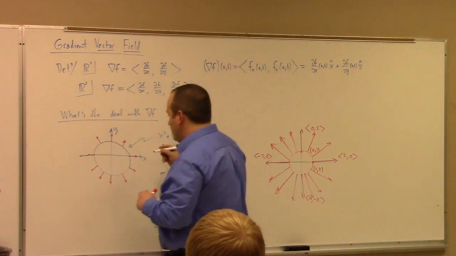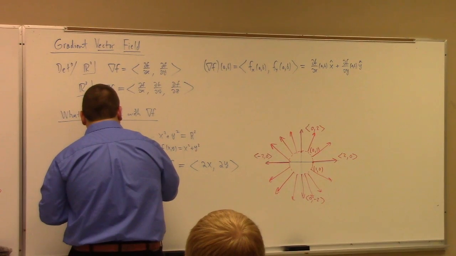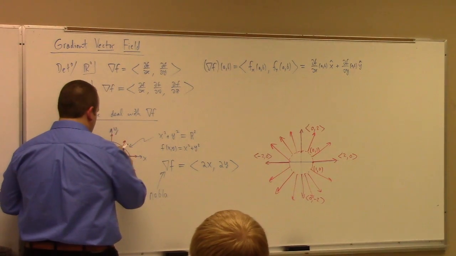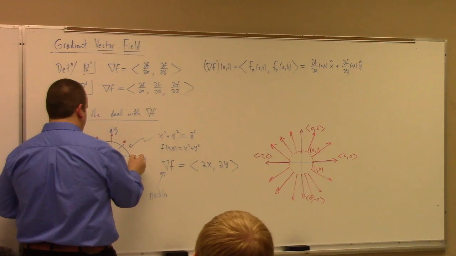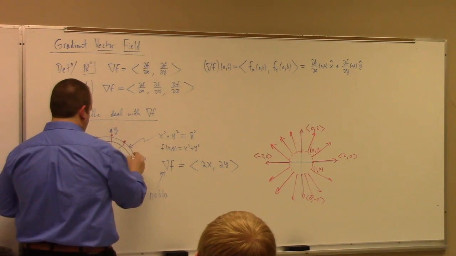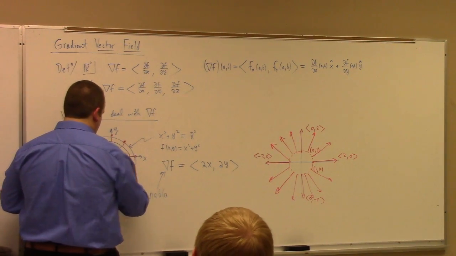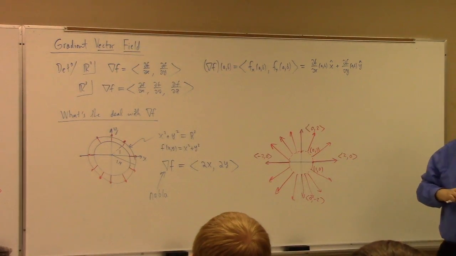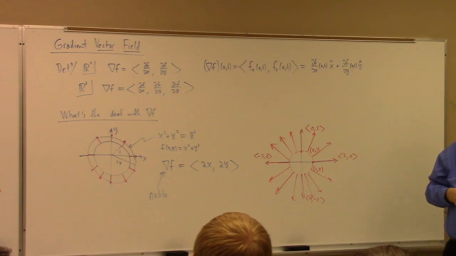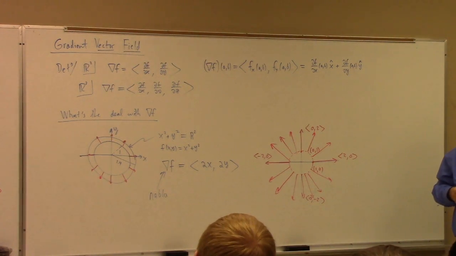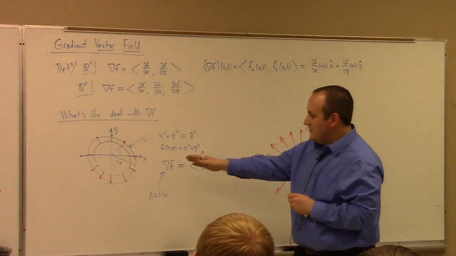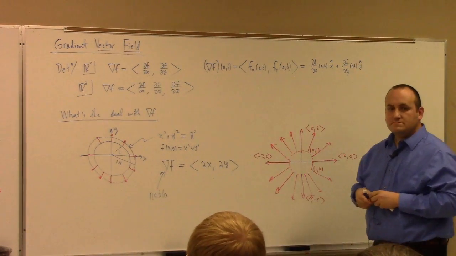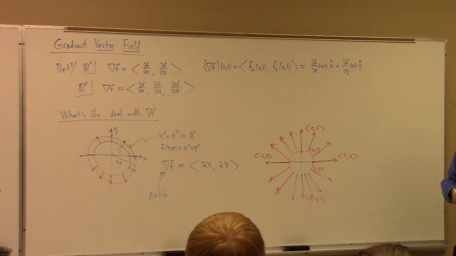So if this circle has radius 1 or whatever, and I look at another one out here, which has radius, say, 1.4, you see which direction the gradient vector is pointing towards? The higher level, right? The gradient vector points in the direction that you need to go to level up. So like level 1, level 1.4. So that's what the gradient vector field significance is.